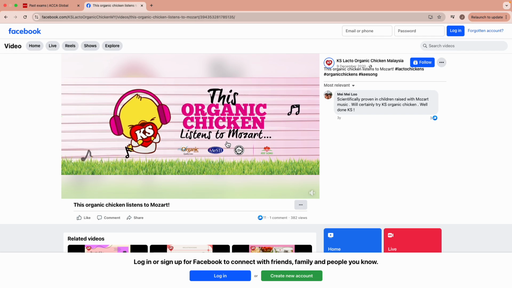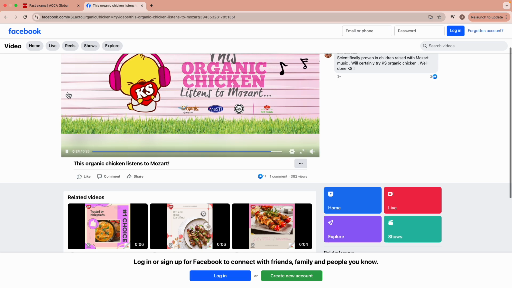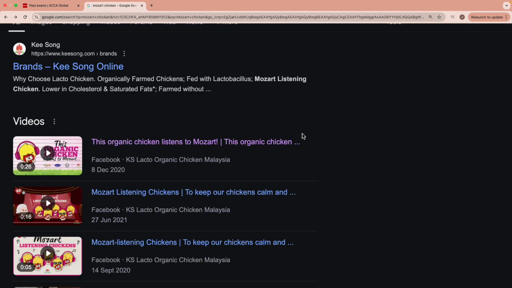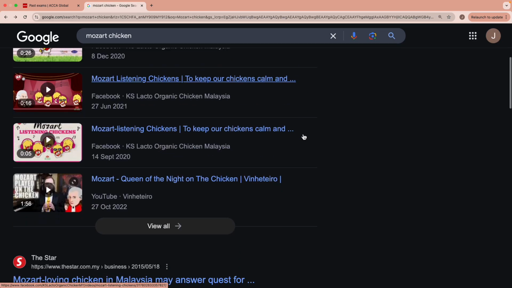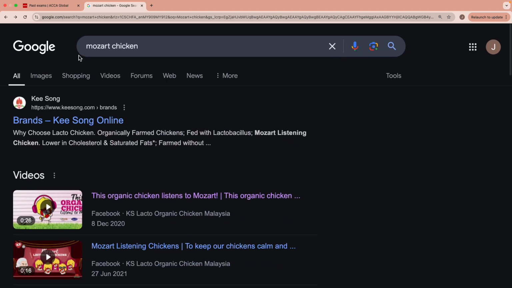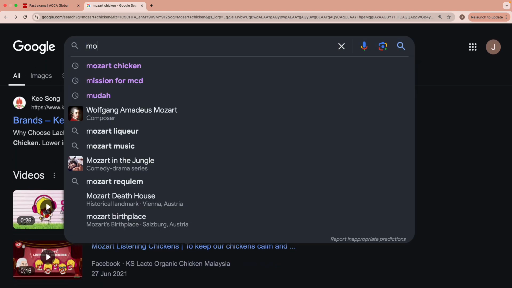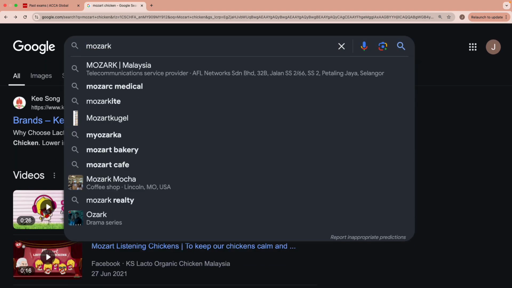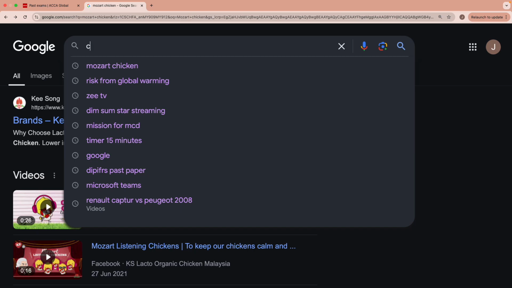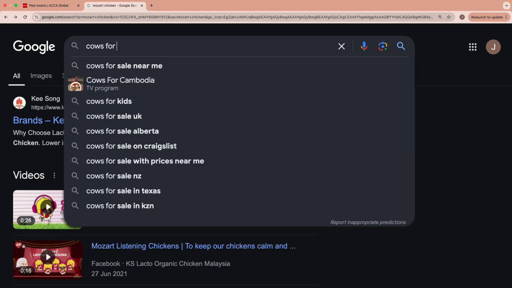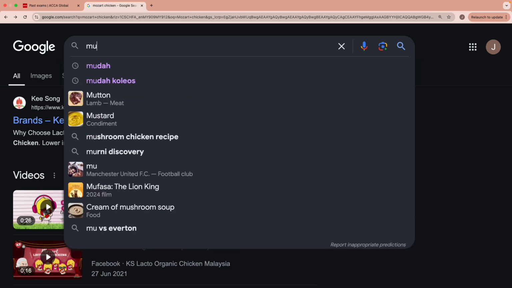But I think in Japan they do this for cows. Serious? Yeah, they play music for cows. I must check and see. Music for cows in Japan.